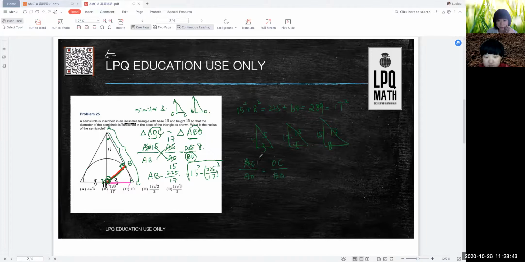So AC equals 17, AO equals 15, OC equals 8. Can we get BO very quickly? Very good. So BO equals 15 times 8 divided by 17. So the answer is 120 divided by 17. So the answer is B.